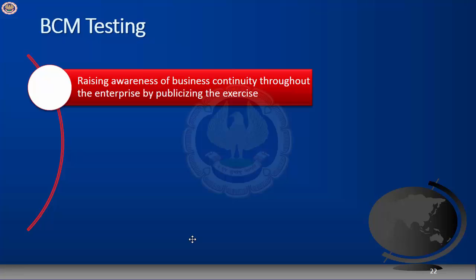A few more aspects pertaining to business continuity testing. You need to raise the awareness about the business continuity plan throughout the enterprise by publicizing the exercise so that everybody is involved. Or else it will happen like when there is a fire drill, you find the employees still continue to work thinking that nothing has happened. Whereas when there's a fire drill, we know there's an emergency, there's a fire, and all the employees are supposed to be evacuated in an orderly manner based on the priority which has been set up.